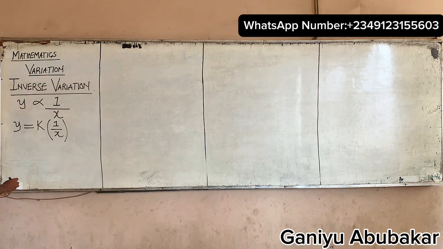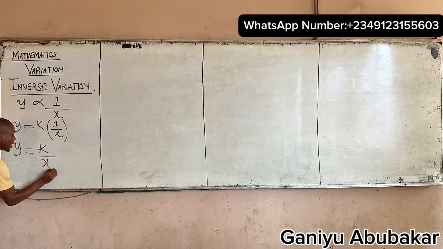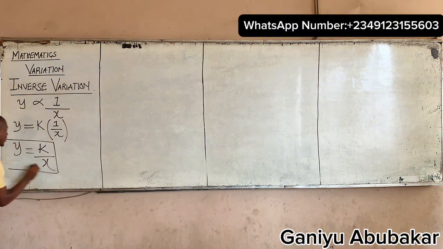From here, I'll have that y is equal to k times 1, which is k, all over x. By the way, this is simply the equation connecting x and y. Let's make k the subject from here.